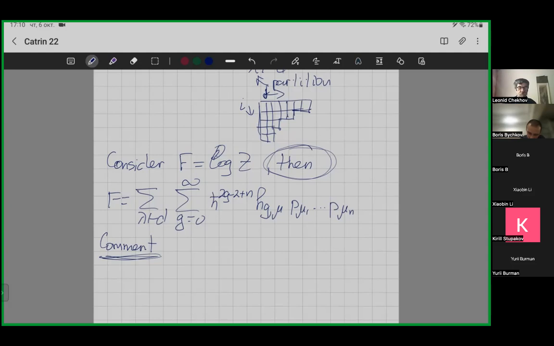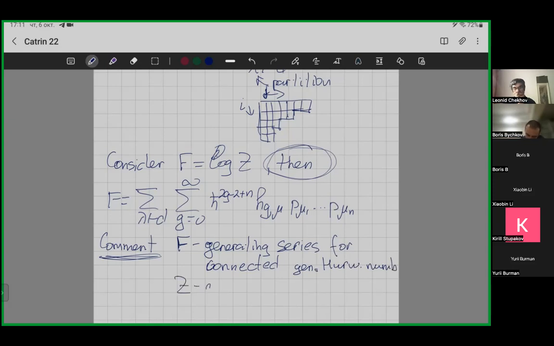So this F is the generating series for connected Hurwitz numbers. I will write Hurwitz numbers, but I mean these generalized double Hurwitz numbers, connected generalized Hurwitz numbers, and Z is the generating series.